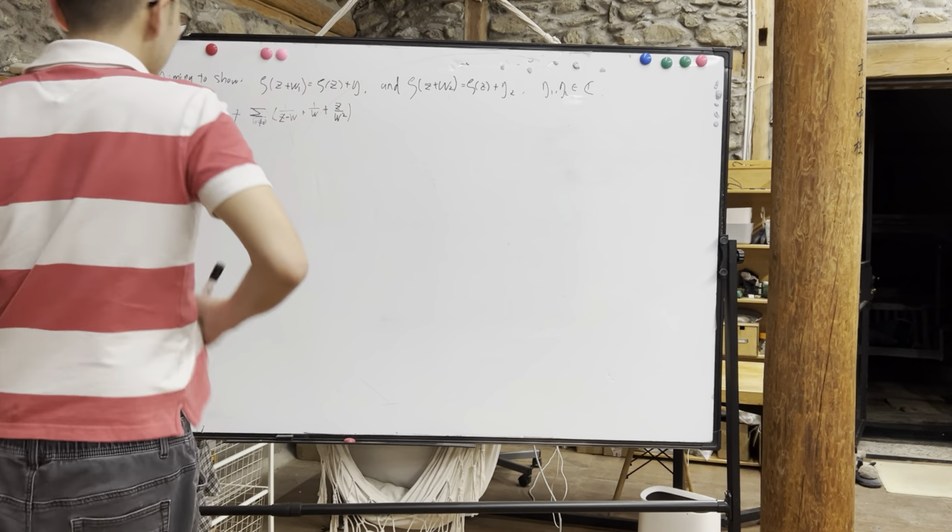So we have zeta of z plus omega 1, right? Let's write out what that is equal to.